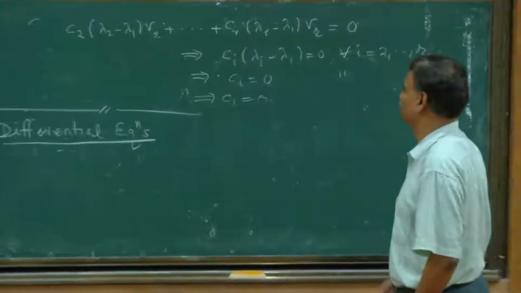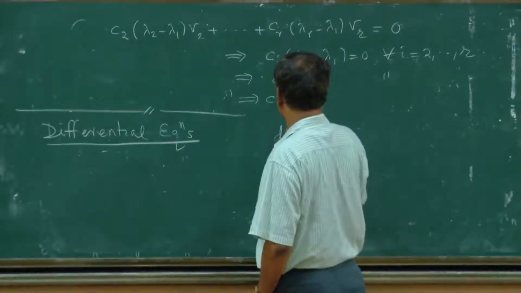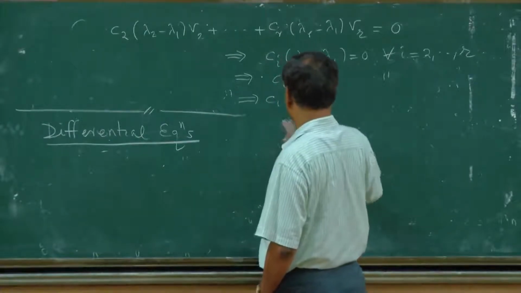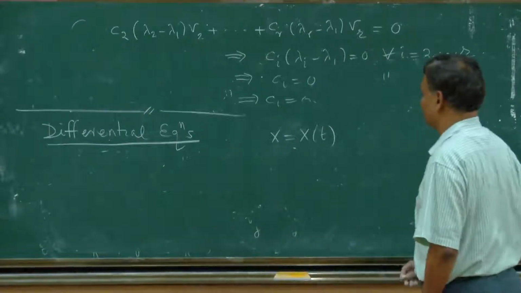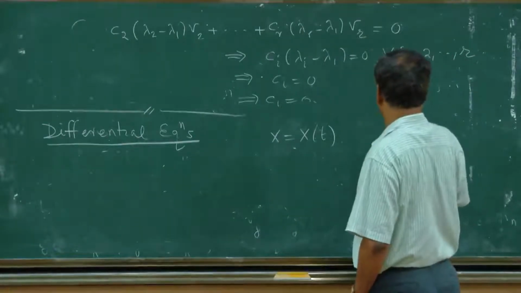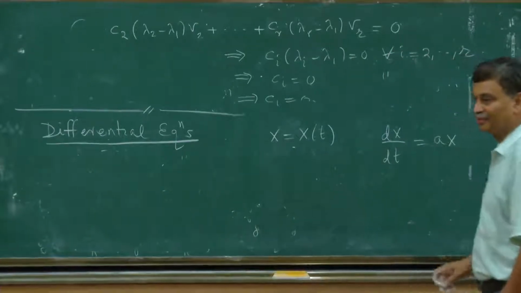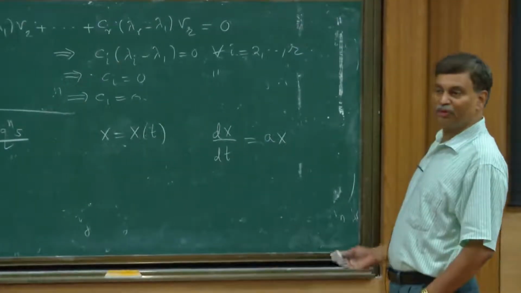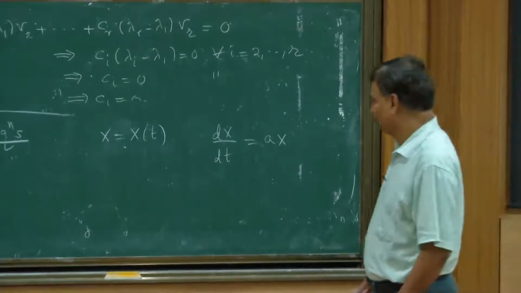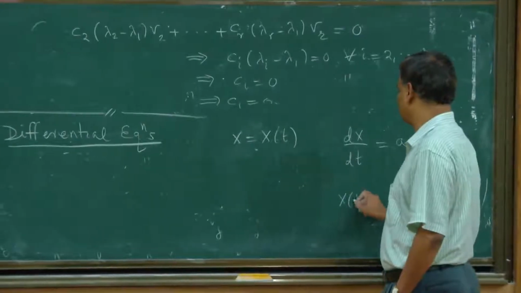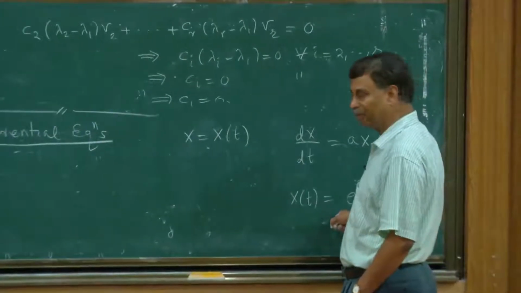So, let's talk. Okay, so what is one of the simplest differential equations in the world? Now my x is a function of t, the time parameter. One of the simplest equations is dx by dt equals a times x, right. What is the solution of this? Everybody knows this, I suppose. A particular solution is x(t) equal to e to the power at, or a constant c times e to the power at.